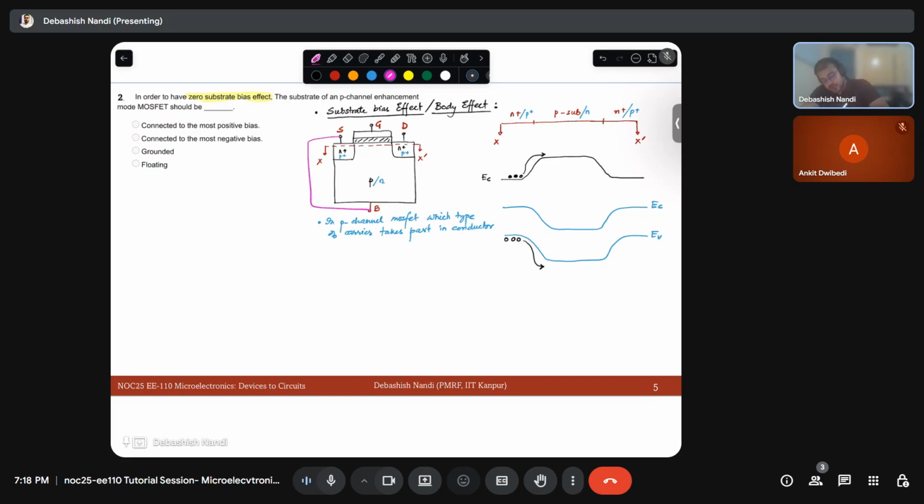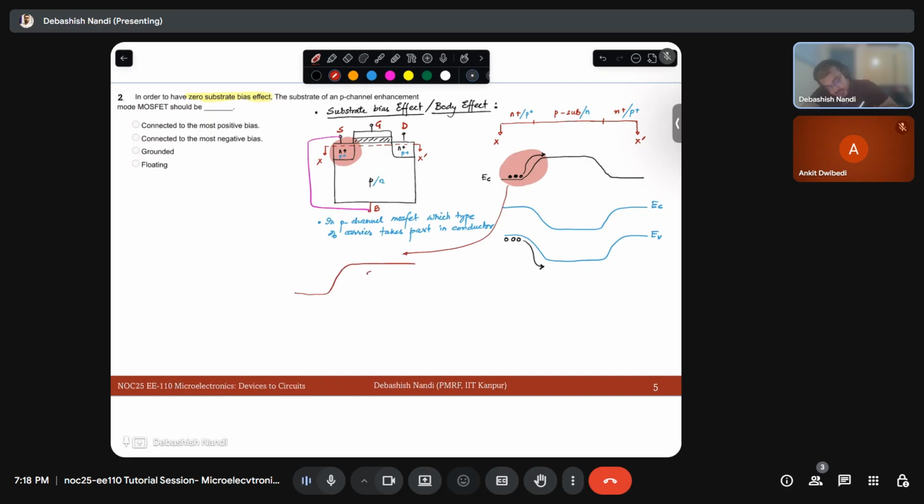Fine. So now if we just focus on this portion of the device, what we are seeing, basically, is this portion of the band diagram. If I just draw this, it will be something like this.